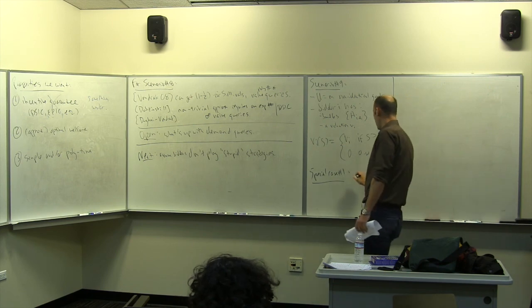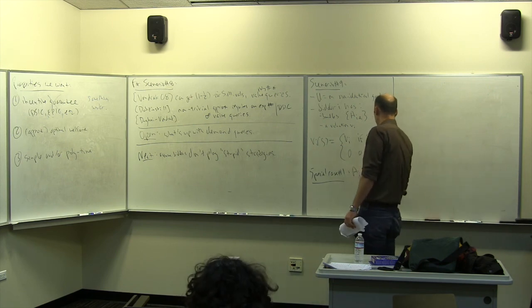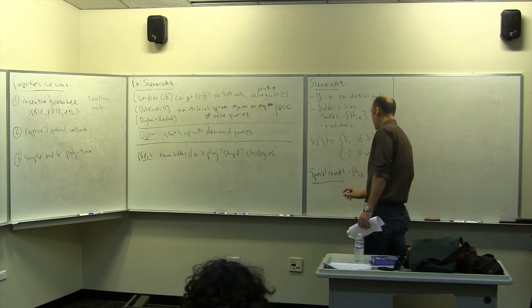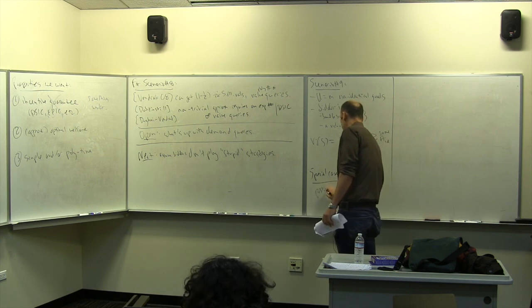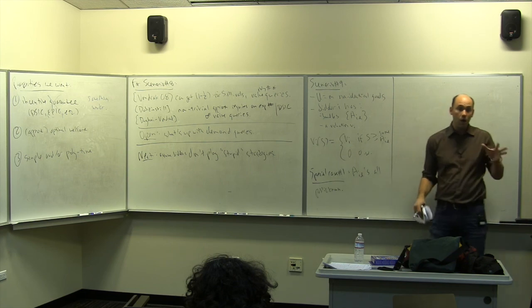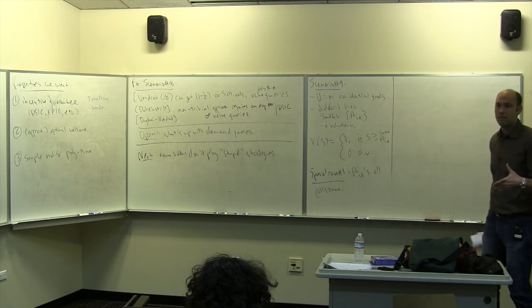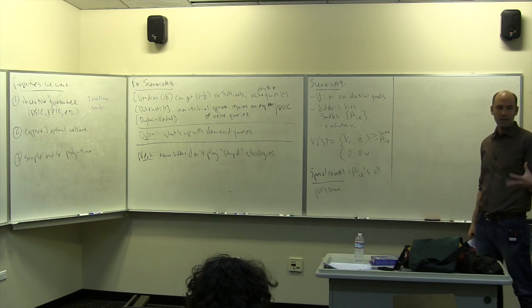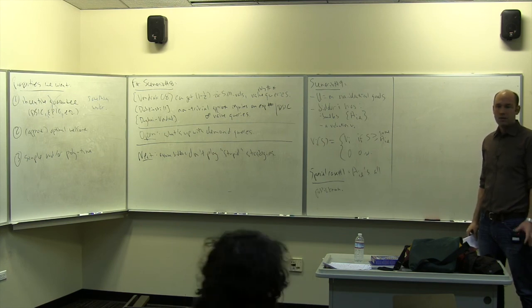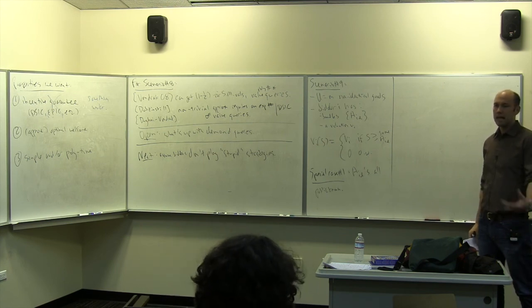So the A_iLs are all publicly known. In other words, you know what bidder i wants, you just don't know how much they're willing to pay for it. You don't know v_i. That's the only thing which is still private. So these are the kind of problems that we talked about some last quarter.